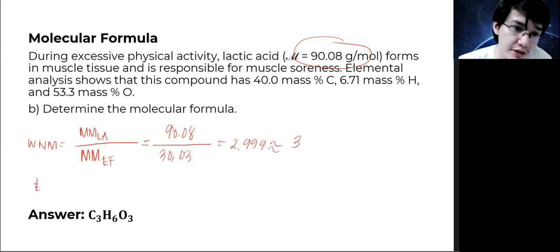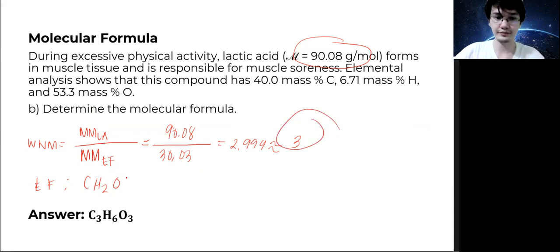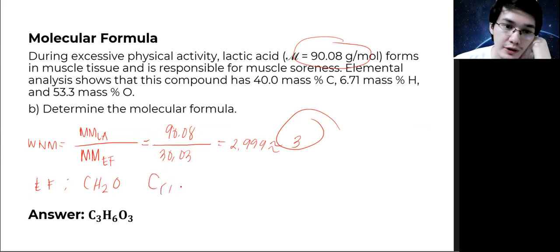Then previously, we have the empirical formula. Then, using this, we determine the molecular formula. So C, 1 times 3, H, 2 times 3, then O, 1 times 3.